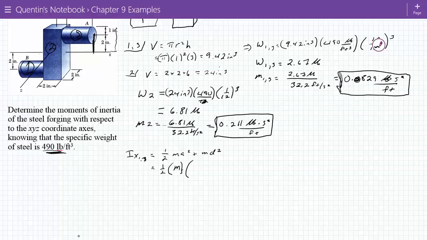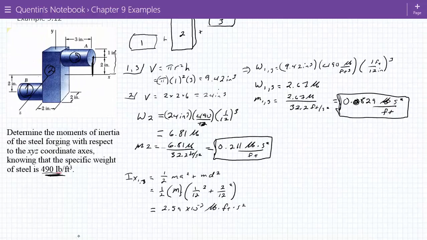So now it's going to be a, which is the radius, so it's 1/12 squared, plus the distance. That distance we decided is 2 inches, but we're going to put it in feet squared. Okay, so this ends up giving us a value of 2.59 times 10 to the minus third, and the units on this are pound, foot, second squared. So that's Ix of 1.